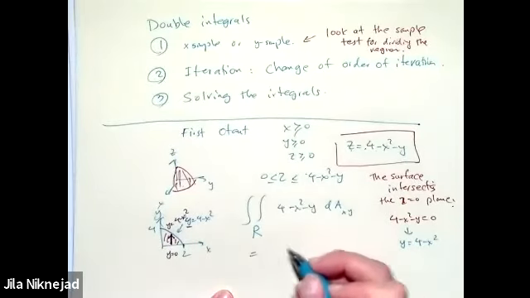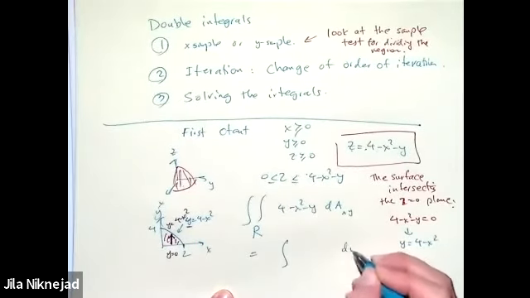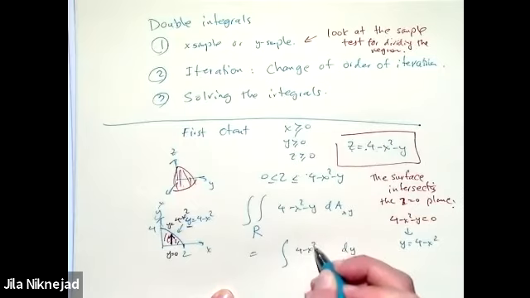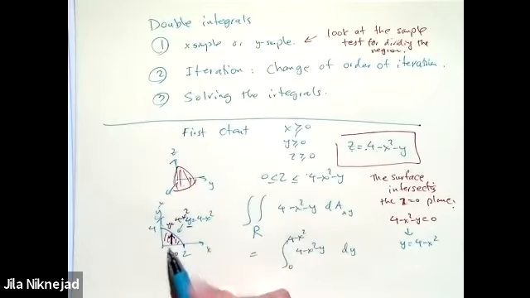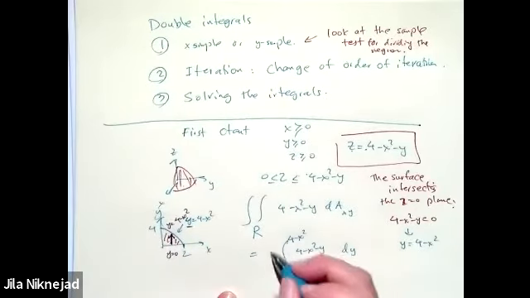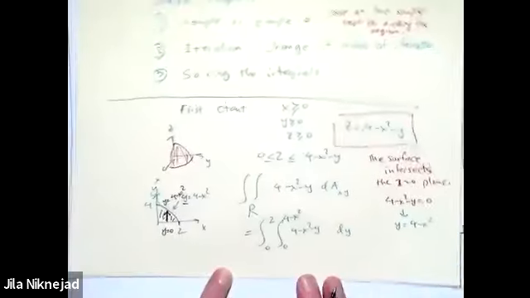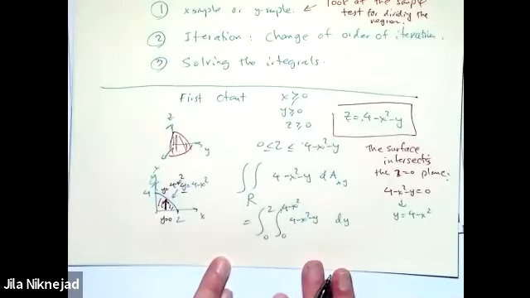And x is the outermost, it's just going to be numbers, so it goes from 0 to 2. So far, everybody okay?